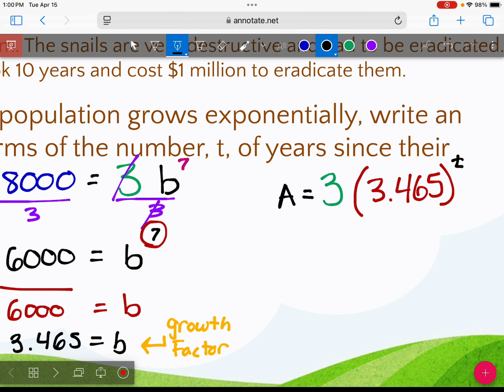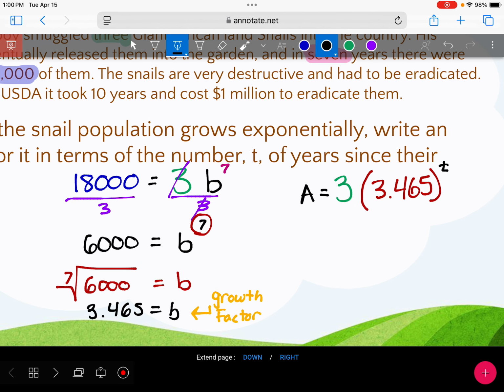So if I want to know how many snails there were in year 2, I could find that out. If I want to know how many snails there are in year 50, if they never did this and the world was just taken over by giant African land snails, we could do that. That would be an absolute metric ton of snails, at least. And so it would be a lot of them.